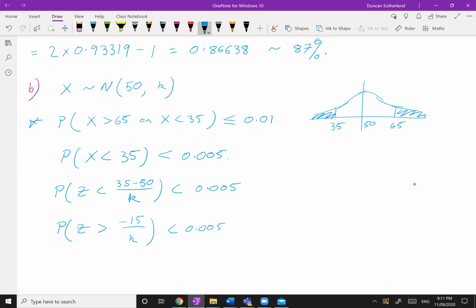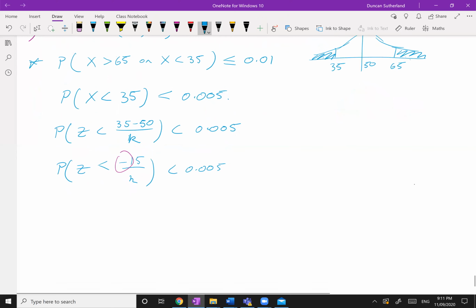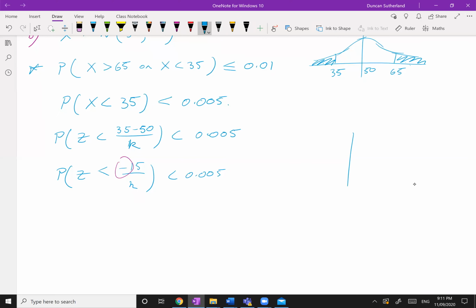Well, now we've got a problem, right? Only the positive numbers are tabulated, and we've suddenly gotten a negative number. So we've got to swap this around somehow. All right, so we use symmetry to rescue us once more.